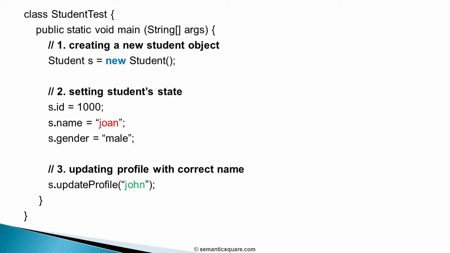So to execute updateProfile method, we once again use the dot operator. That is, object name s is followed by dot, which is followed by updateProfile, and we are passing John as input to the method. Here we say that we are invoking or calling the updateProfile method on the object s. So that's how we create an object, initialize it with state, and invoke its methods.